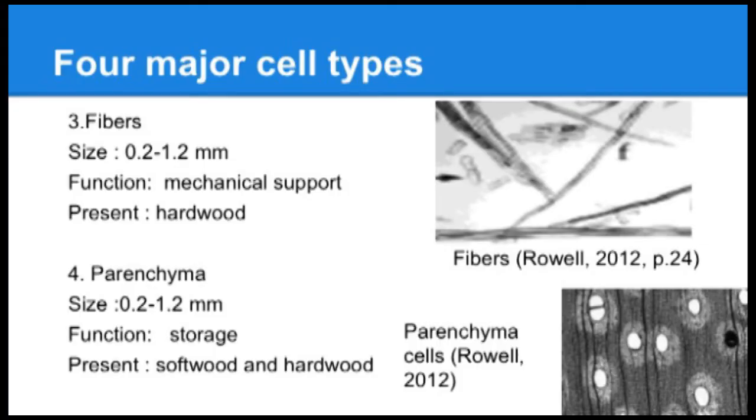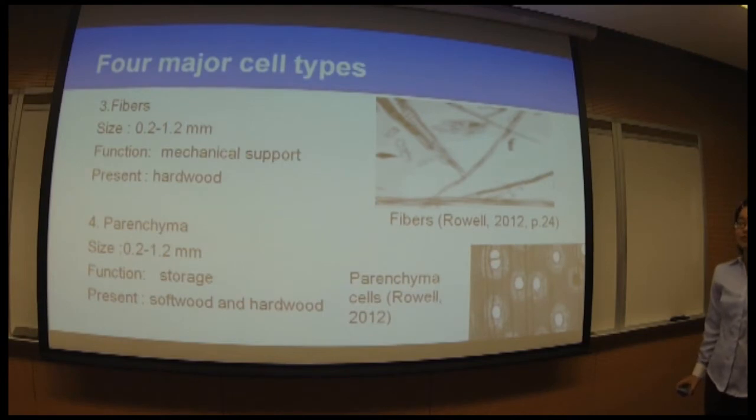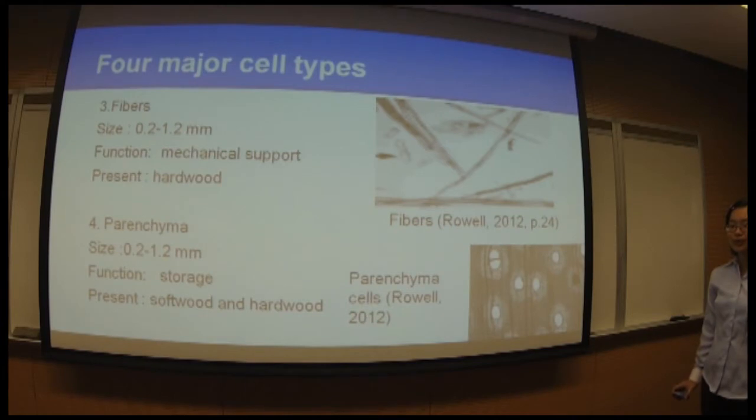Fibers is an important cell type for the timber because it provides mechanical support to the timber, and the size of the fibers is about 0.2 to 1.2 mm long, which is longer than the vessels but shorter than the trachea.